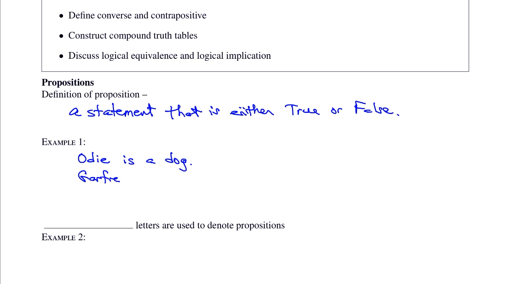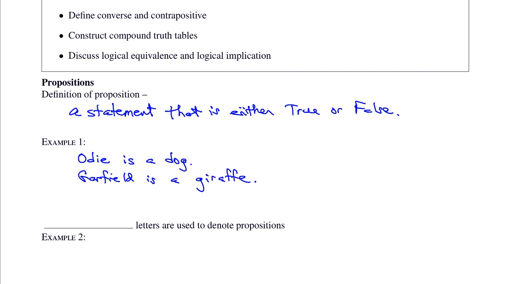Odie and Garfield. Garfield is a giraffe. Is that a proposition? Yes. It is either true or false that Garfield is a giraffe. All right. And by the way, which are these?